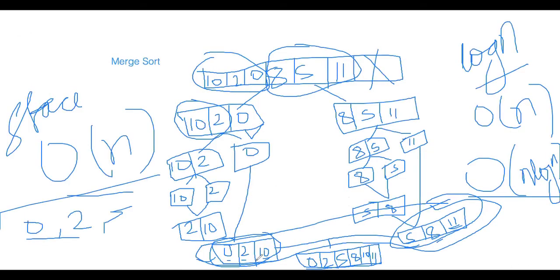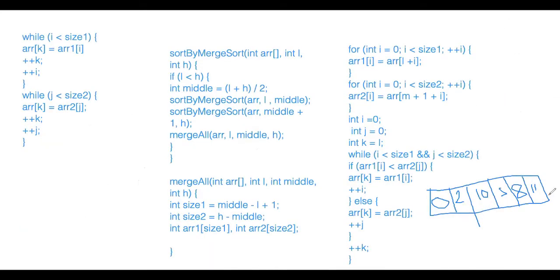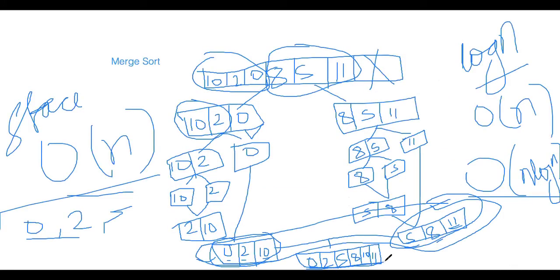This to divide means the array looks like this, where we have a sorted array from here to here, and then a sorted array from here to here, right? And then we have to merge these two in such a way so that it becomes like this.